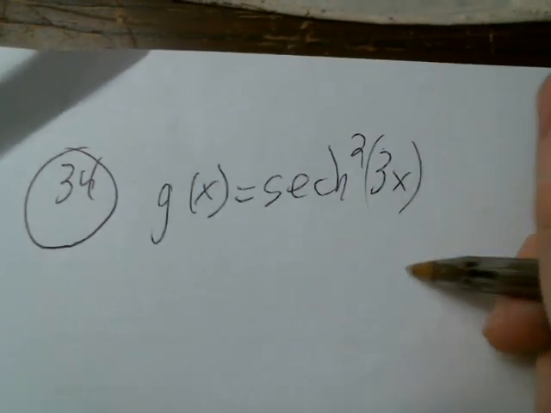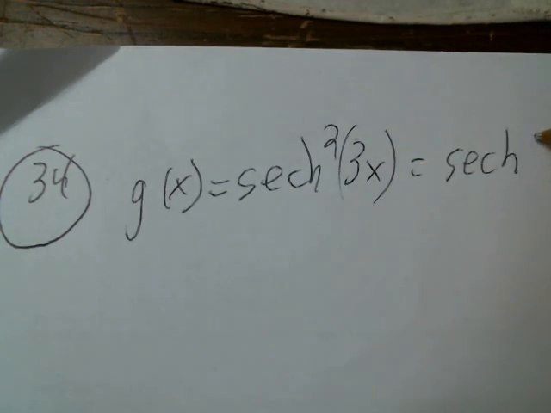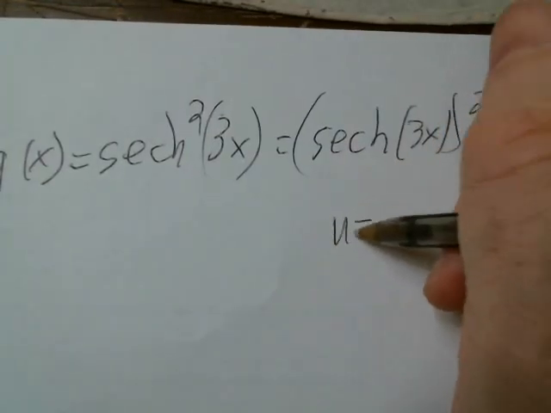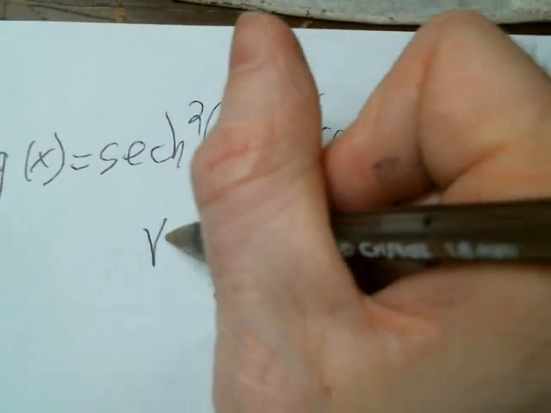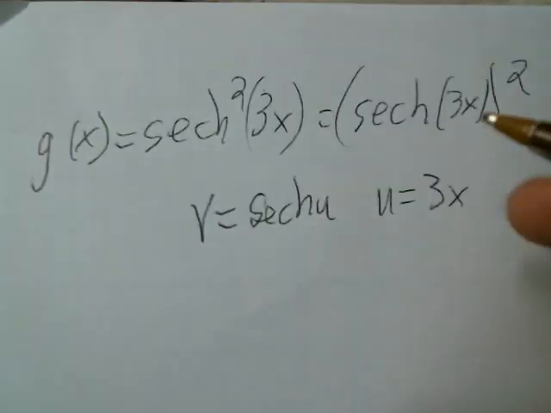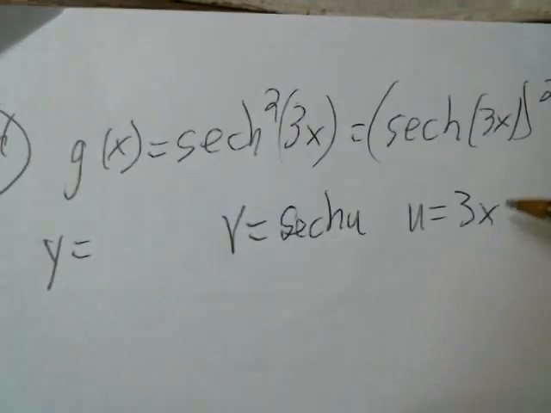Again, if you need to put it in pieces, you can rewrite this first off as hyperbolic secant of 3x, and then all of that is squared. So the innermost part is the 3x, so u equals 3x. If you step up one level, v is equal to hyperbolic secant of u, and if you step out one more level, y is equal to v squared.